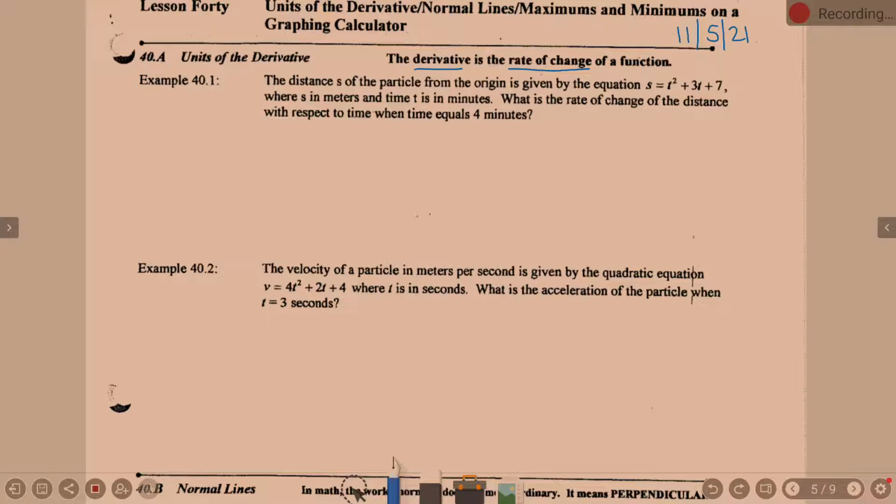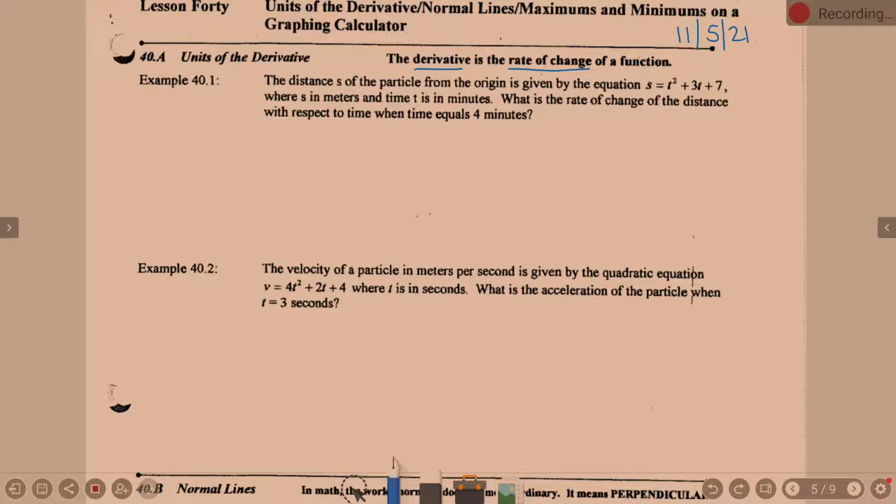That will always help you figure out the next step, or what the units are, depending on the problem. So lock in your brain: units of the derivative is rate of change.